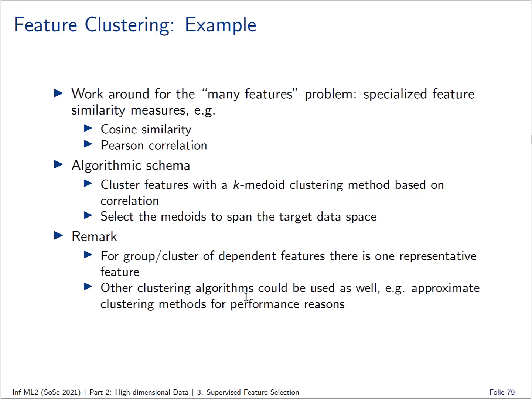But typically you do that with k-medoid because partitioning algorithms tend to have compact clusters, and you can control the number of clusters that are output. That's why partitioning algorithms are typically used here, and that makes absolute sense.